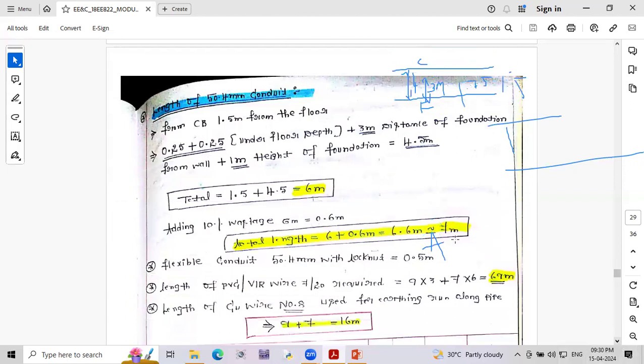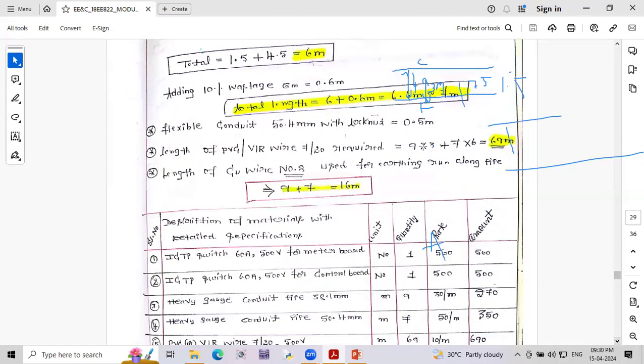Here 6 conductors are there, so for 7 meter we need to multiply by 6. Why? Because 6 conductors are there in the 50.4 mm conduit. So that's why 7 into 6. This one is 9 into 3 because here only 3 phase supply. Here the starter comes, so total is equal to 69.